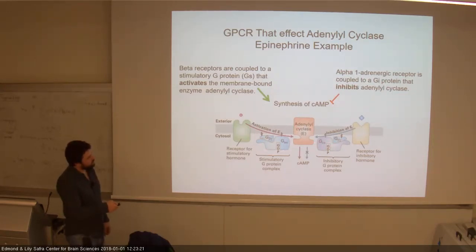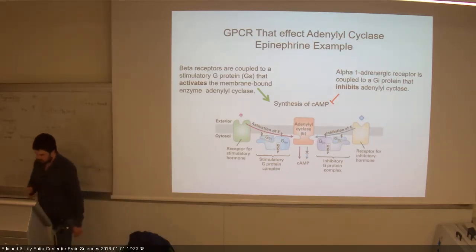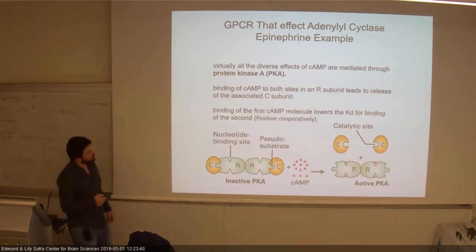So this is a stimulatory G alpha subunit, and this is the inhibitory G alpha subunit that associates with this type of receptor, and it will cause a diminishing in the levels of cyclic AMP by blocking this enzyme.